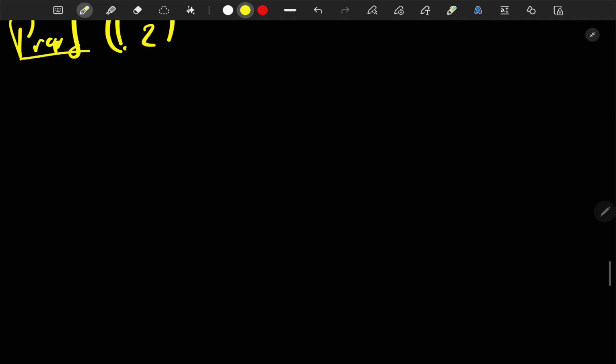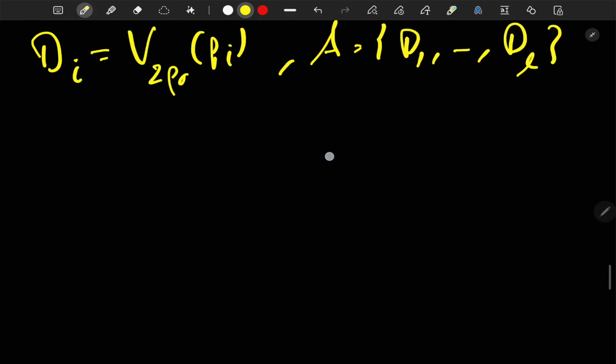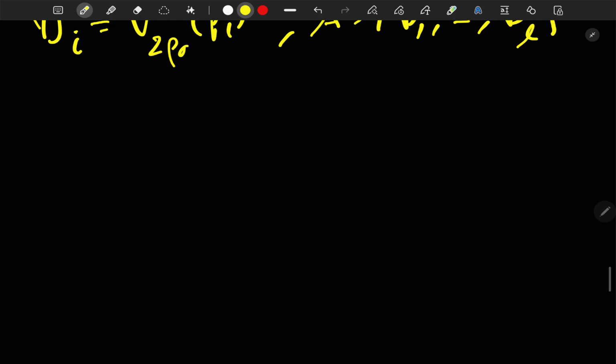We have those covers, and of course our disks will be the center disks. Our family will be this family of disks, which is finite, of size L.